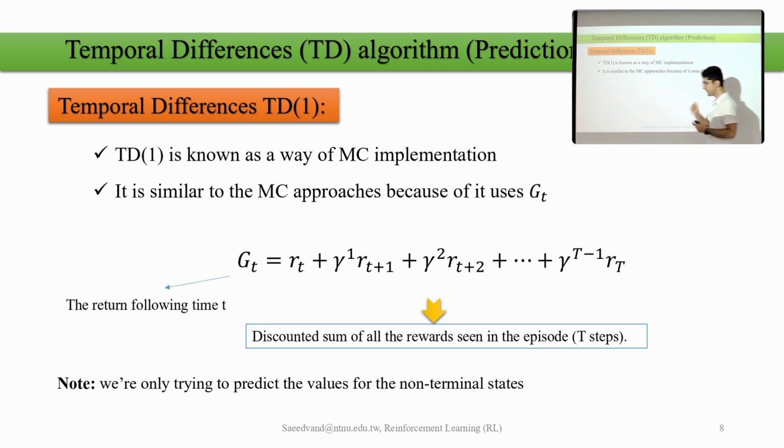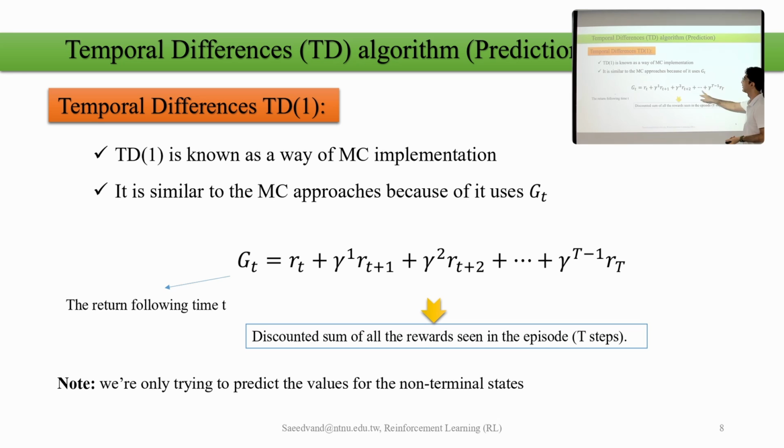If you remember GT, that is the return at time t, which we calculated by taking the reward at time t, the reward at the moment, then the discounted reward at t plus 1, then the discounted reward at t plus 2, up to the end of the episode that we have. And this discount factor gives the importance of the reward based on the time.